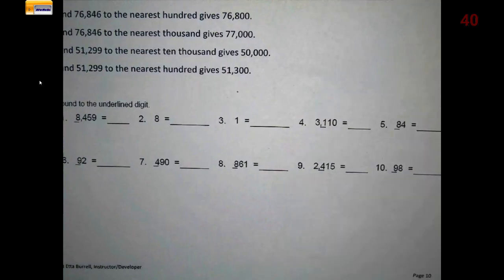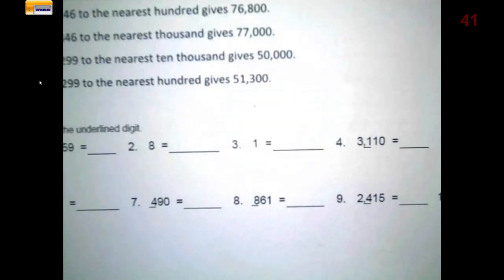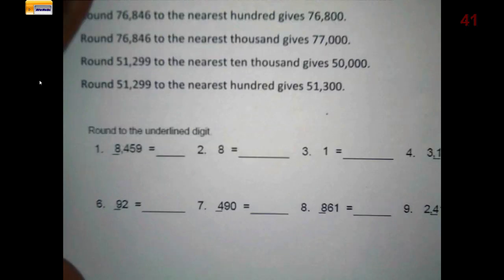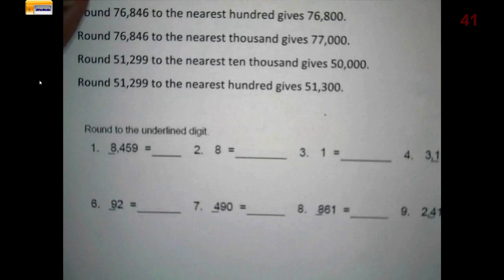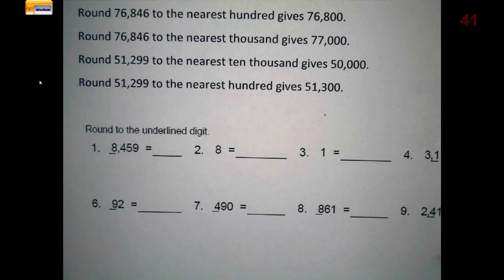What you going to do on page 10 and 11? Round the underlined digit. Okay, so on number 1, what digit or place value is underlined? The thousands place. So if I rounded that number, what would I get?